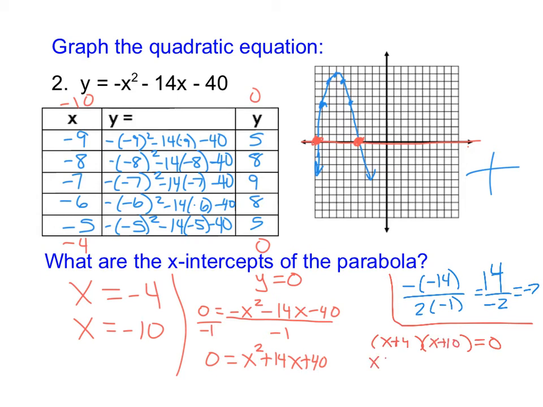Set each of those equal to 0 and subtract. So all those problems that we've been doing the last month, when we were solving quadratics, we were actually finding the x-intercepts. We were finding where the parabola crosses the x-axis.